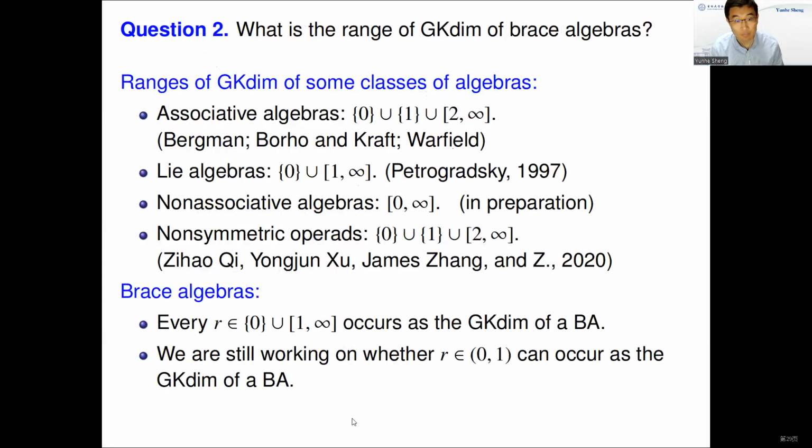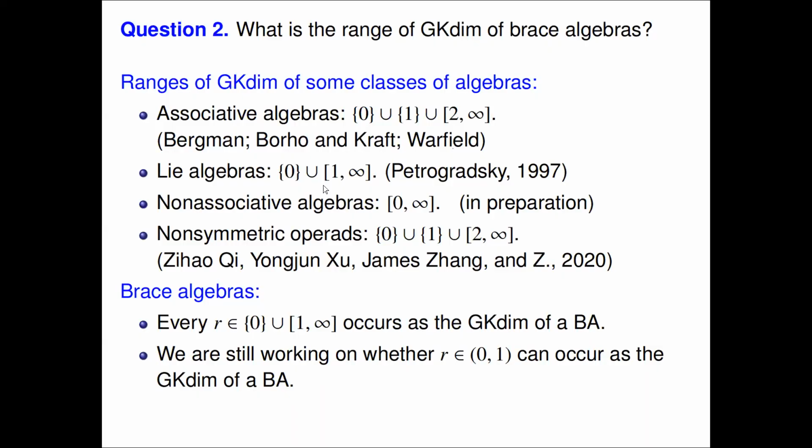Our second question: what is the range of GK dimension of brace algebras? Recall that for associative algebras, the range of GK dimension is the set of 0, 1, and the closed interval from 2 to infinity. So here we have two gaps. For Lie algebras, there is only one gap, the open interval from 0 to 1.